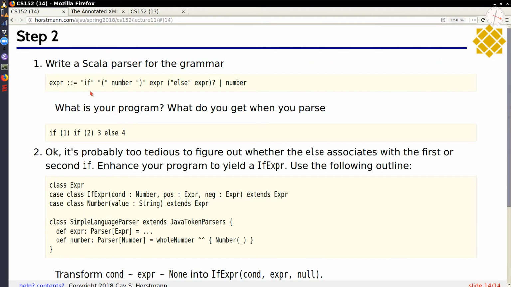And in step 2, I'm asking you to produce a Scala parser for this if-else thing. Just copy and paste the outlines from the previous lectures, and then parse this thing. Now you will have written the parser in a particular way. Which of those kinds of trees does it produce? The one on the left or the one on the right?